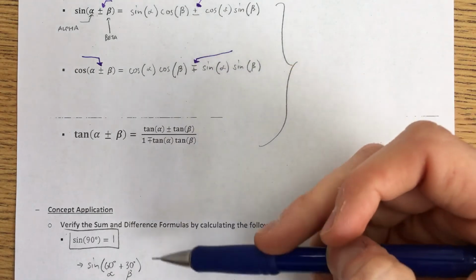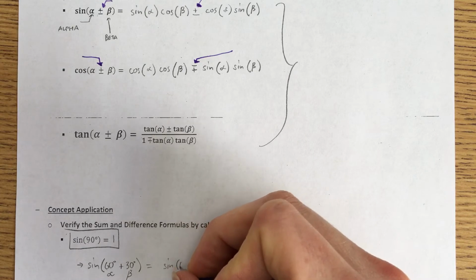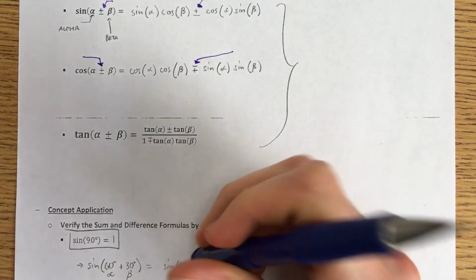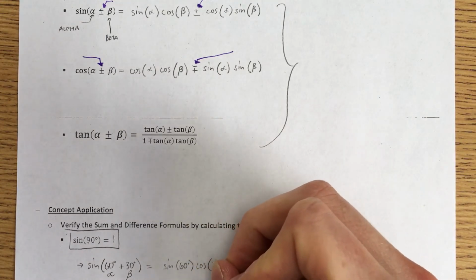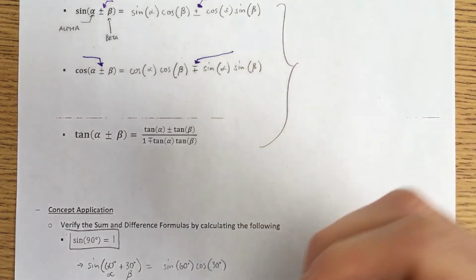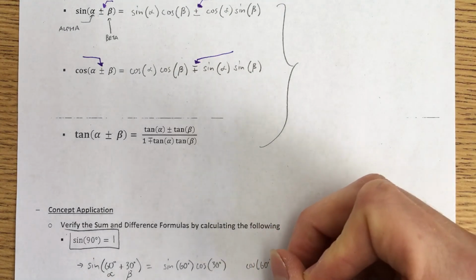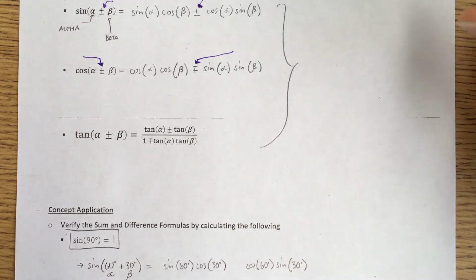Instead of cosine beta, it would be cosine 30. Cosine alpha is sine beta, so cosine 60, sine of 30.